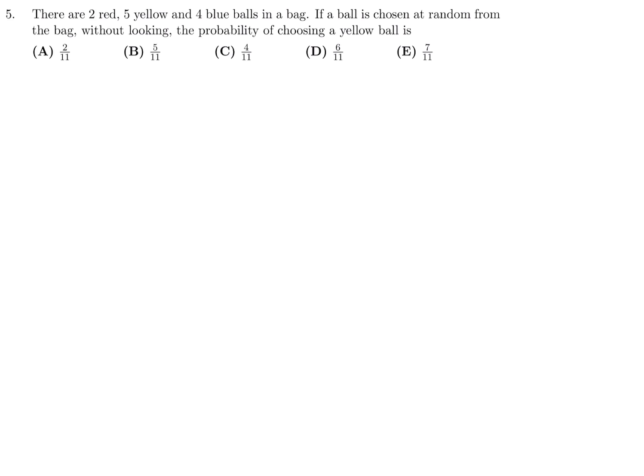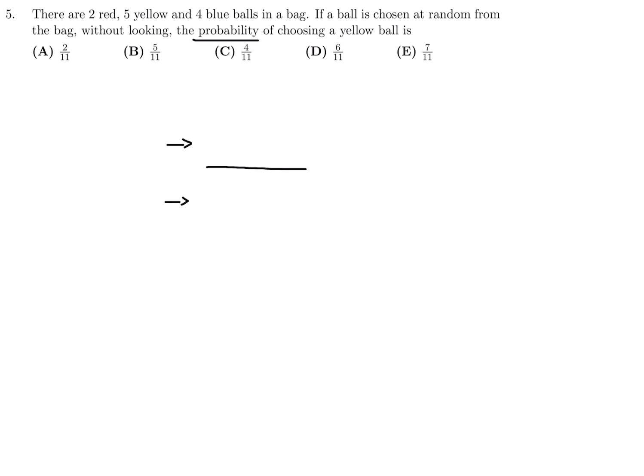If there are 2 red, 5 yellow, and 4 blue balls in a bag, and a ball is chosen at random from the bag without looking, the probability of choosing a yellow ball is. Like all probability questions, we have to figure out a denominator and a numerator. The denominator is the total number of choices.